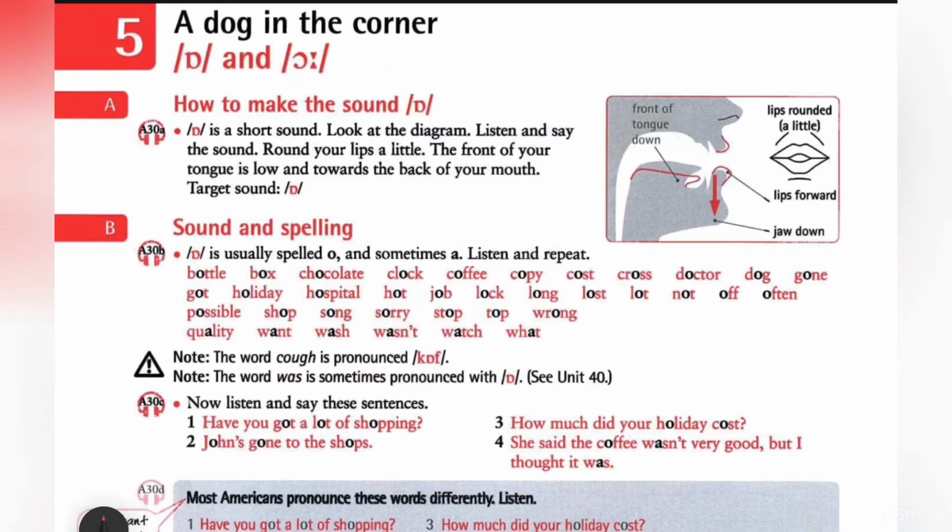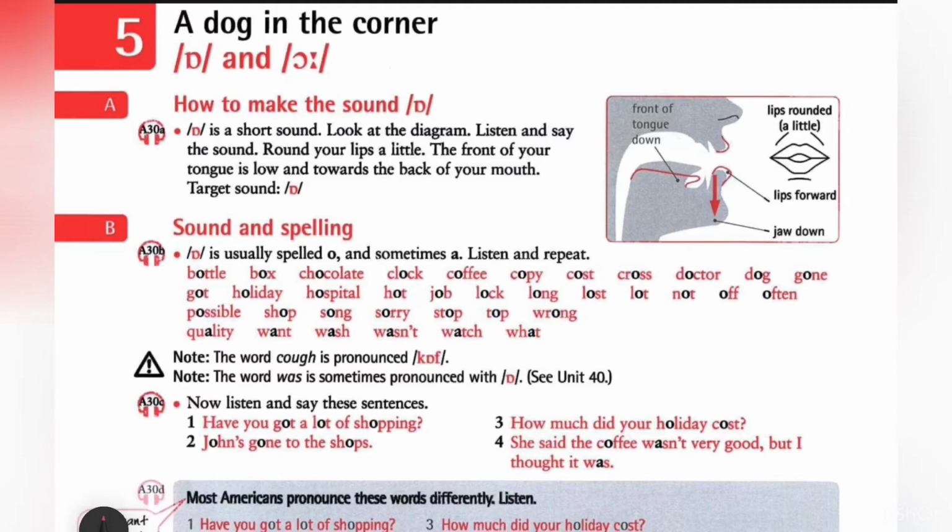Lips rounded a little, and your jaw should be down. So it's a short sound here, it says. Round your lips a little, the front of your tongue is low and towards the back of your mouth.